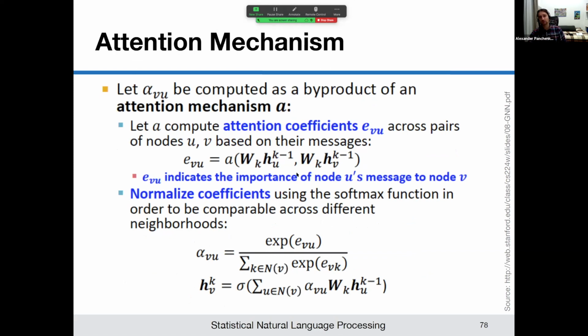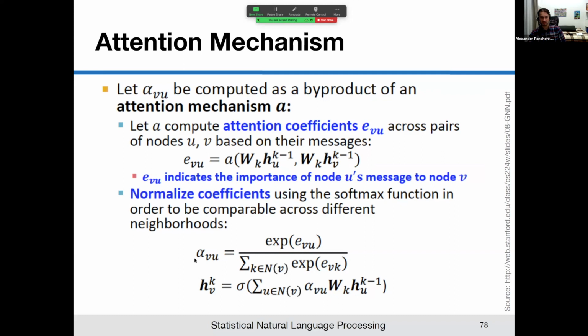So this attention might be considered as a function which takes as input hidden states of one node and another node, performs some transformation of these hidden states, and outputs some value which characterizes the similarity of these two nodes.